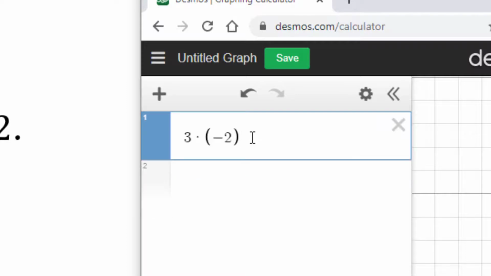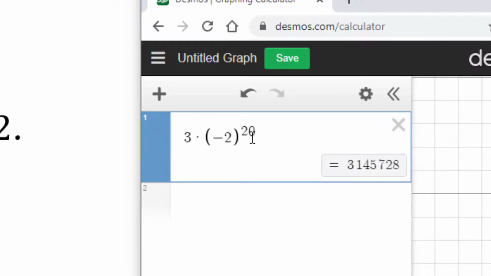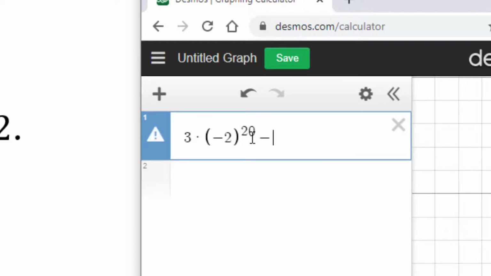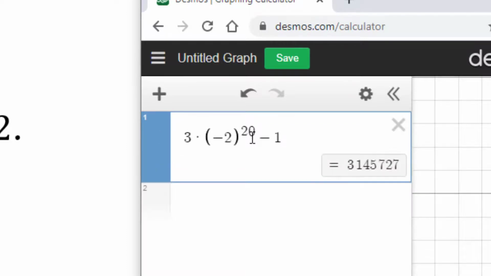So here's what I was talking about earlier. Either I can just say, oh, I know what 20 minus 1 is, and type in 19 here. Or if I want to let the calculator do it all by itself, then I can do 20 minus 1. But see how Desmos just moved over, and that -1 is not in my exponent?